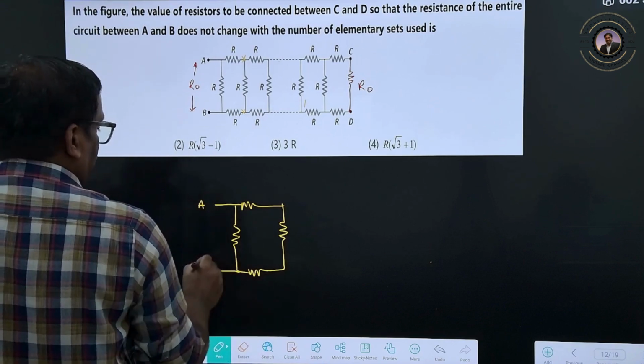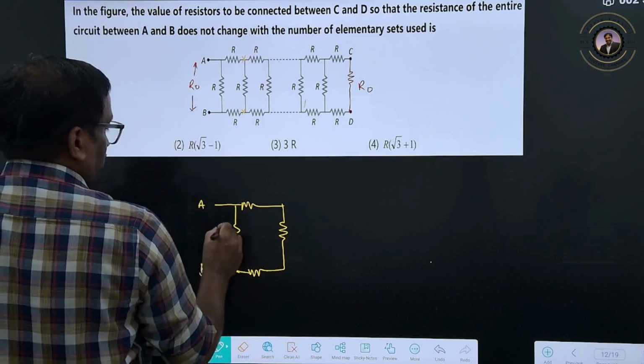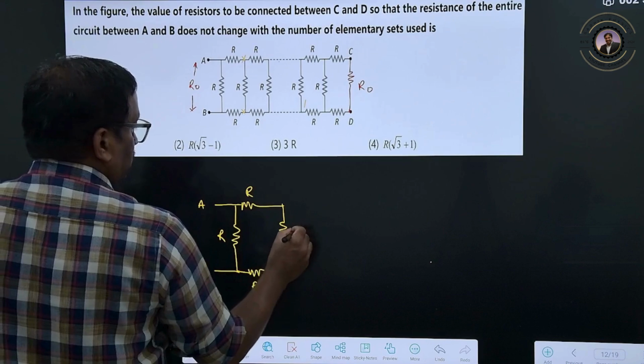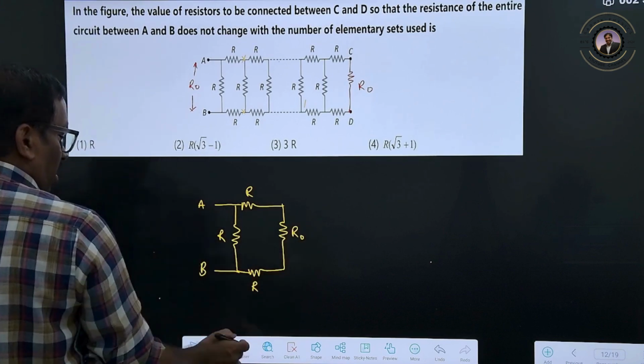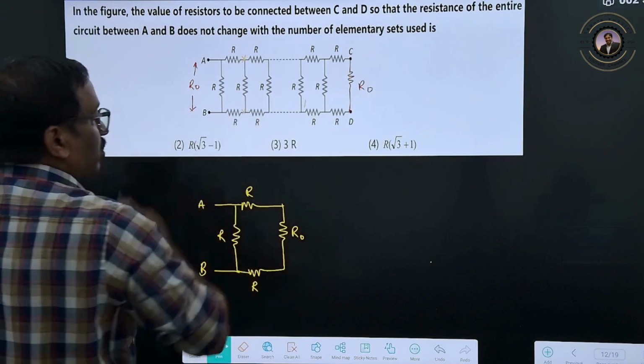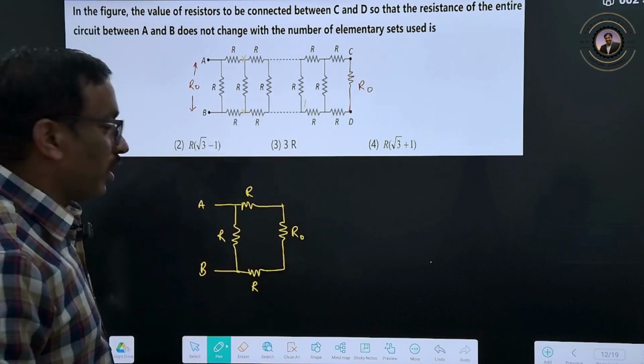This is your AB, so this is R, and this is also R and R. This entire thing will become R naught. See how many parts there are. If you disconnect it, it should become R naught only.